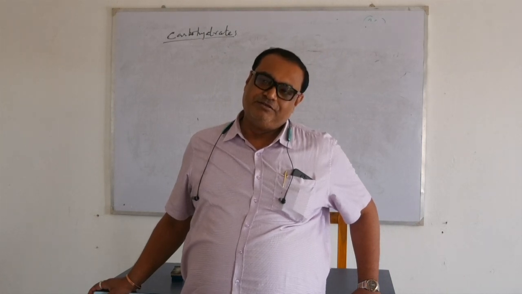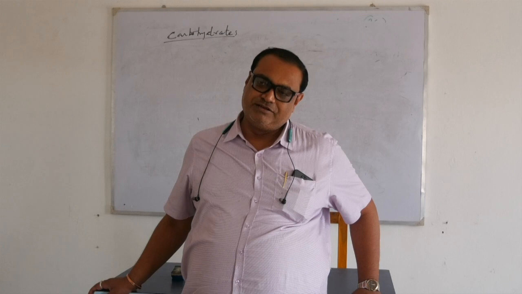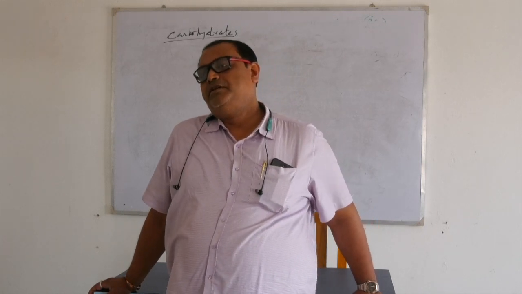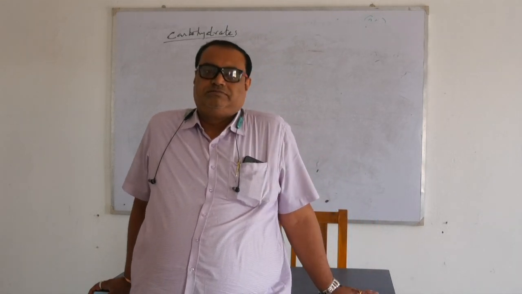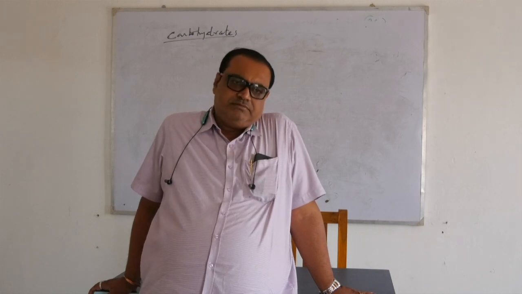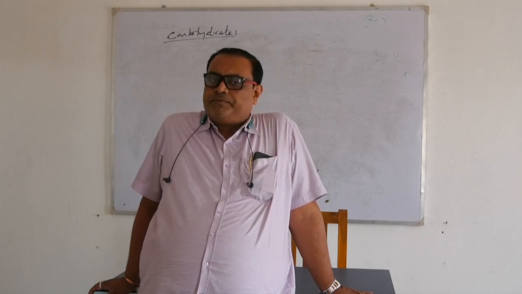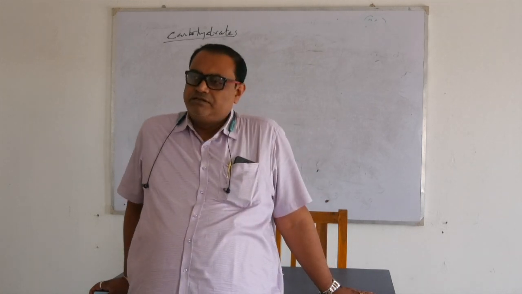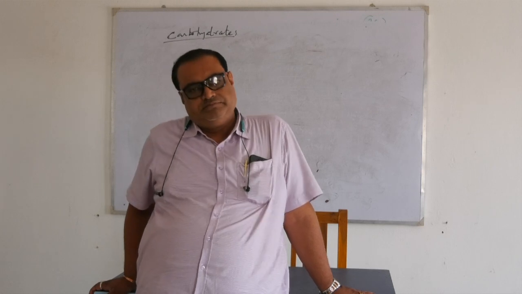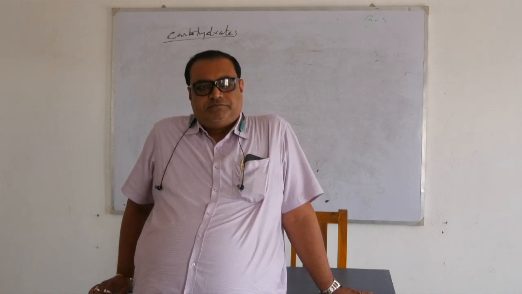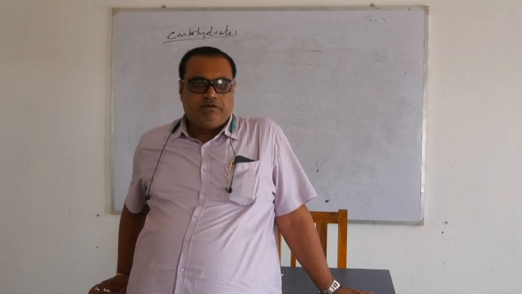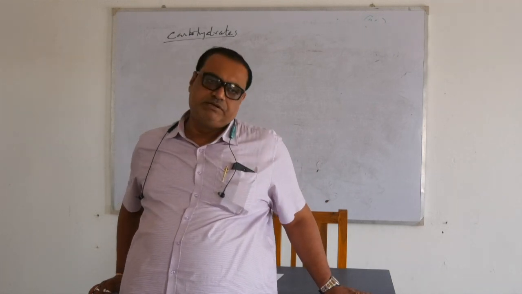Anyway, so tell me, what is selfish glycogen? Can you tell me what is glycogen? Storage form of polysaccharide in animals. What is that in plants? Starch. So glycogen is the storage form of polysaccharide in animals. Now, in which organ is glycogen present?